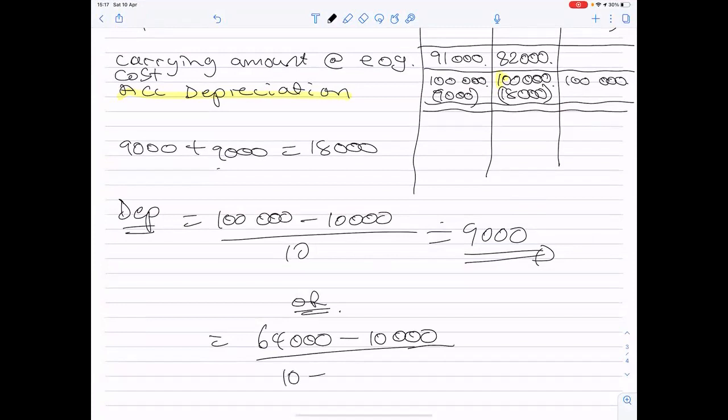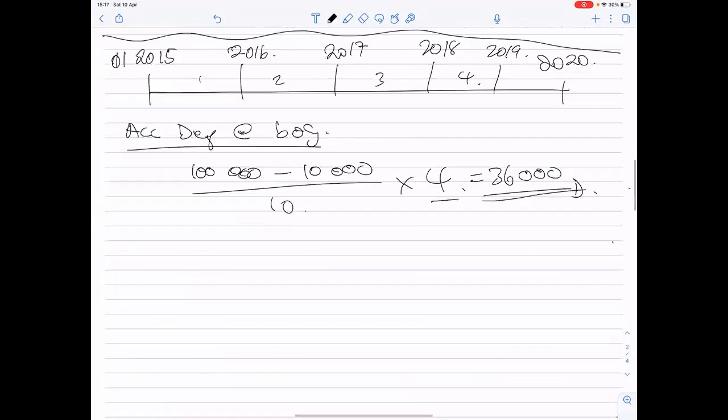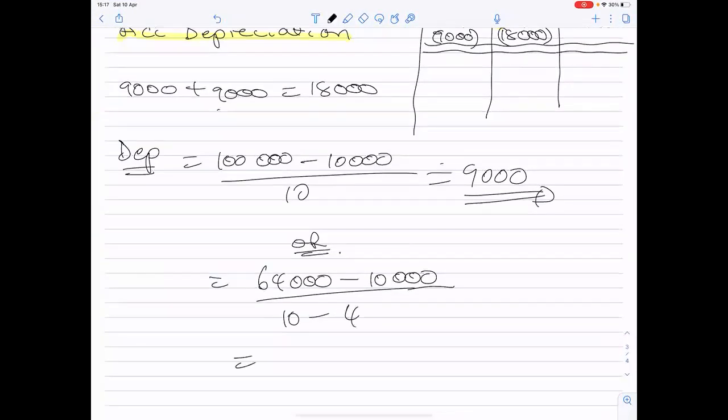So which is 10 minus how many years have gone so far? 10 years that have gone are 4. So minus 4. So we are going to say 54,000 divided by 6. 9,000.